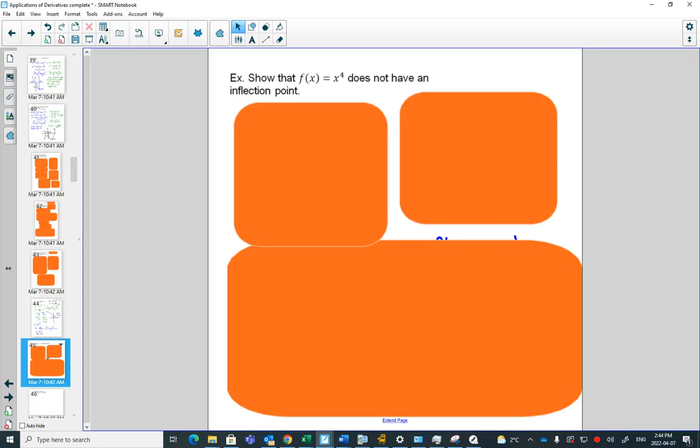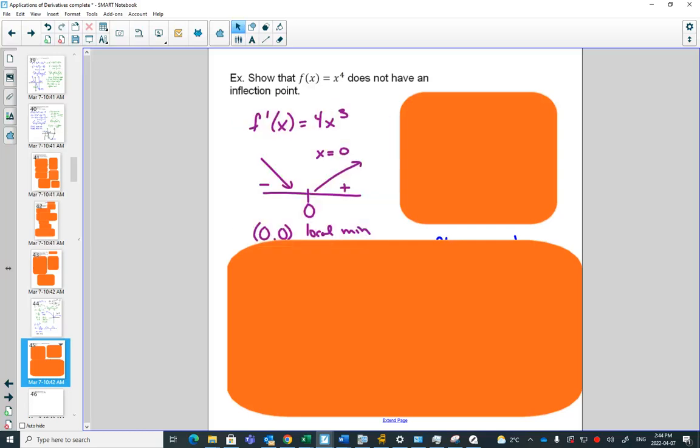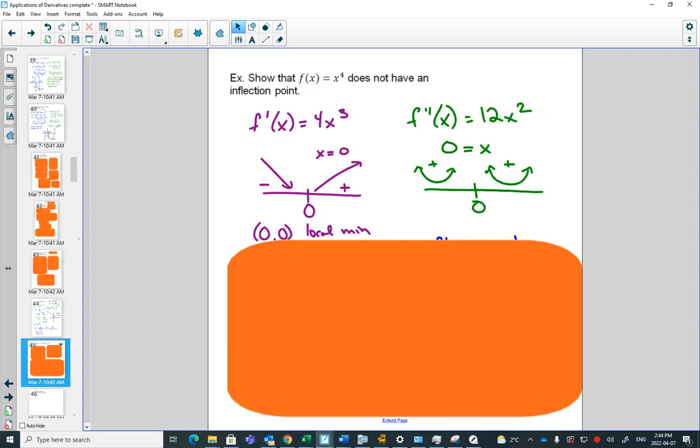Now, if we start finding our derivative here, and then our second derivative, we do have a place where the second derivative is equal to 0. But just because the second derivative is equal to 0 does not guarantee that that point is an inflection point. It also has to change concavity before and after.